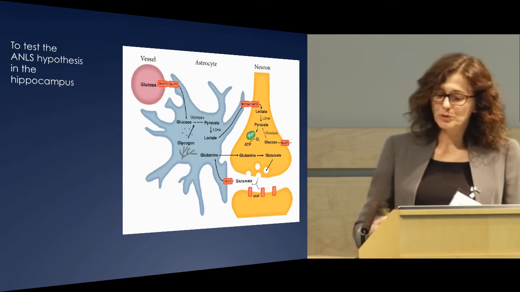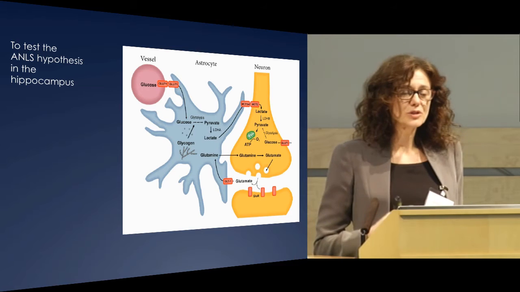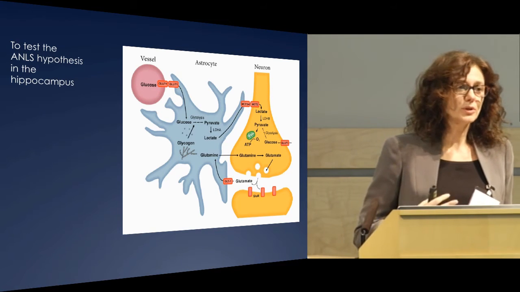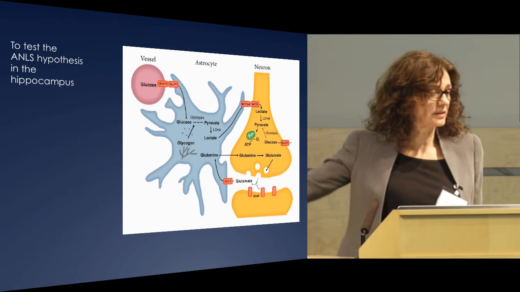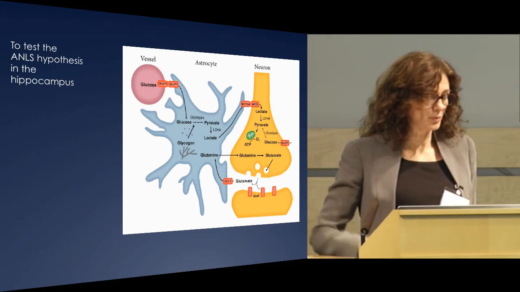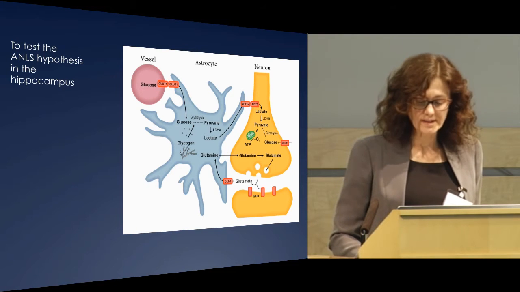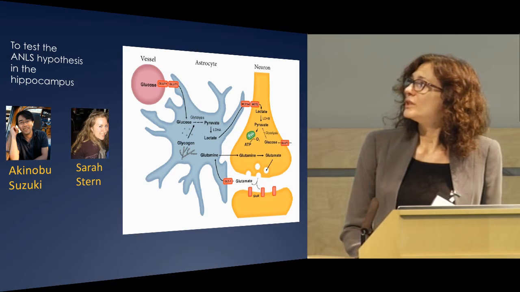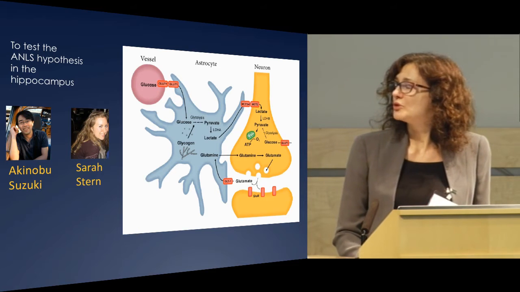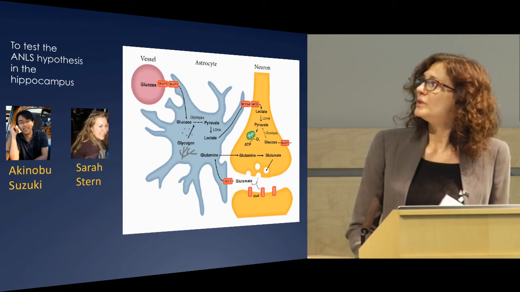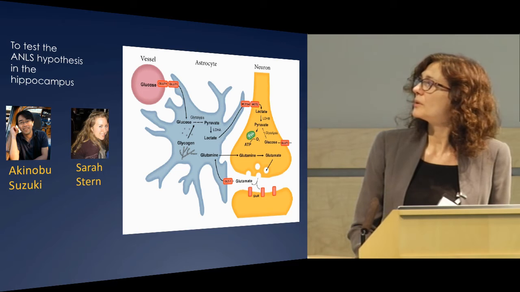So we set out to determine whether the astrocytic neuronal lactate coupling is important for the changes occurring in the brain that I just mentioned that are needed for long-term memory formation, as well as long-term memory formation itself. This question was addressed in the lab by a former postdoc, Akinobu Suzuki, now back in Japan with his own lab, and a graduate student, Sarah Stern, now at Rockefeller as a postdoc.